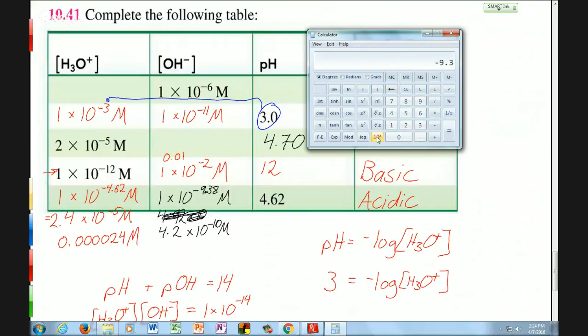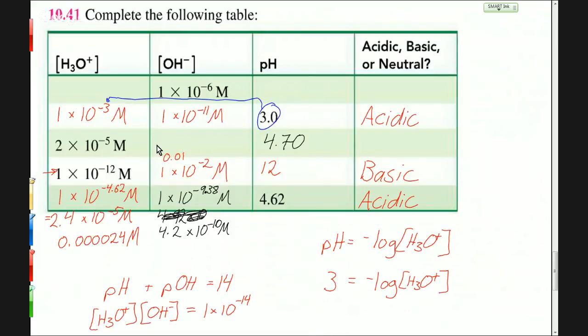That gives me 5.01 times 10 to the minus 10. That's not right. Everything has to be between 10 to the 0 and 10 to the minus 14. So this should be 5 times 10 to the minus 10.